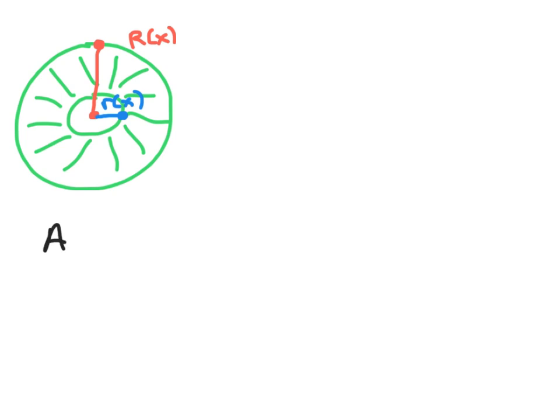To find the area of our washer, our cross-sectional area A of x, we're going to first find the area of the entire washer, including the missing circle, and that is just pi times the outer radius squared. So this will be the area of the washer plus the area of the missing circle in the middle.